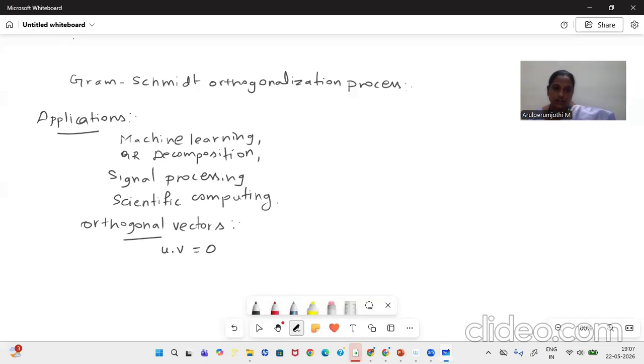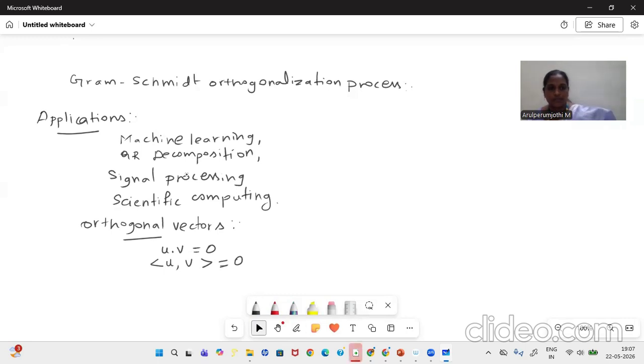Here we are going to use the inner product. This dot product can also be written as inner product. If the inner product of u comma v is equal to 0, then u and v are orthogonal to each other. In Euclidean space, it is also called the dot product.